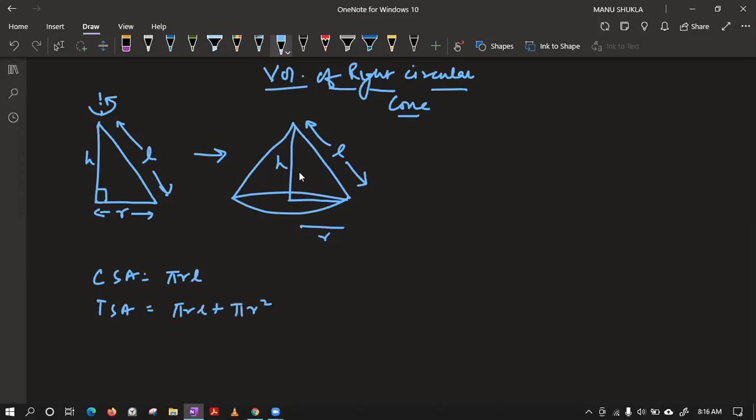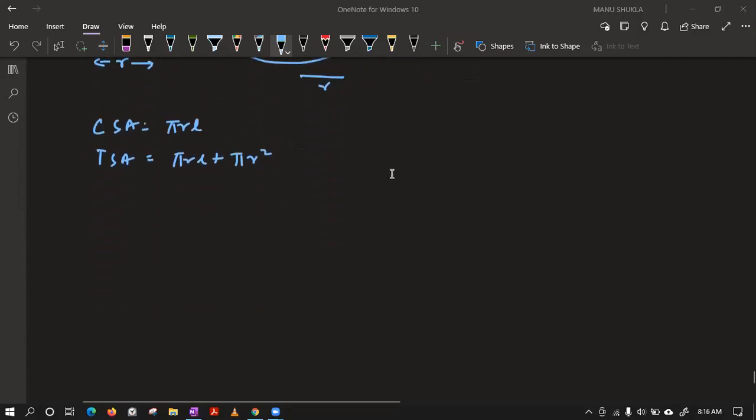Now the thing that comes is how to find its volume. Again, as you remember, in the case of sphere, we did an activity. We tied a thread around the sphere, and we found that the thread was equivalent to the area of four circles of the same radius. Similarly, in the case of cone, we have to do an observation.